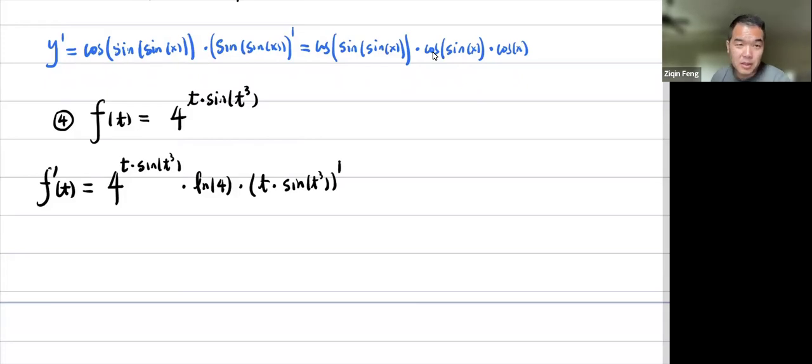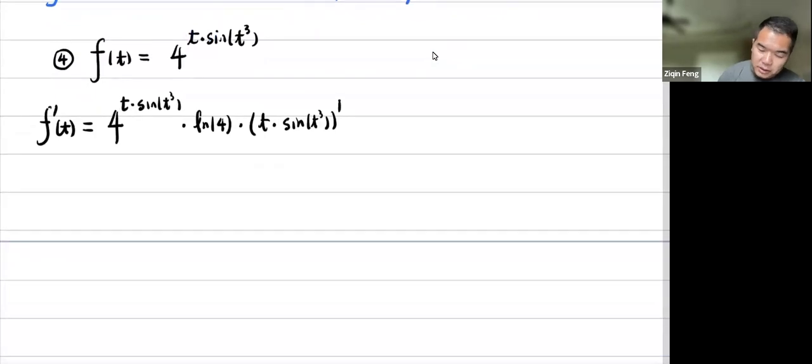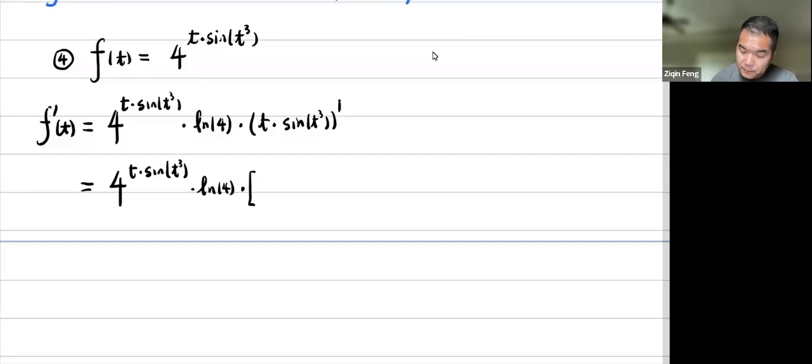Now here we have a product of two factors, so I apply the product rule. This is 4 to the power t times sine t cubed times natural log of 4 times the product rule: t prime, you get 1, so 1 times sine of t cubed, plus t times the derivative of this function here.